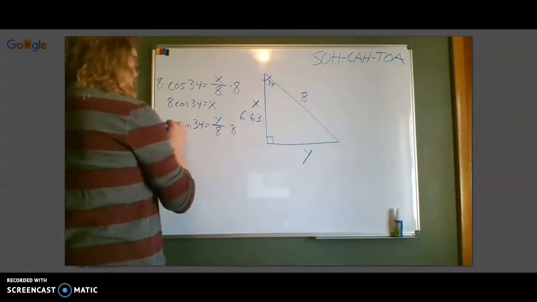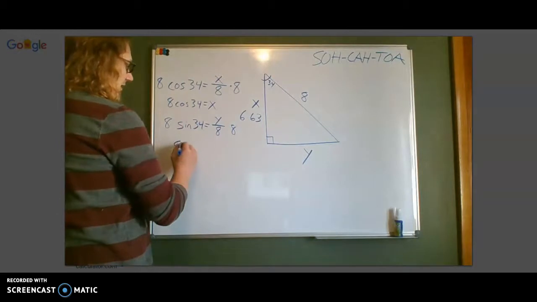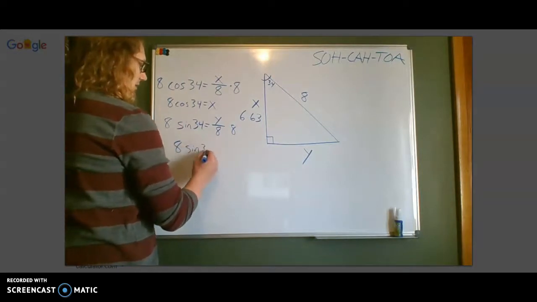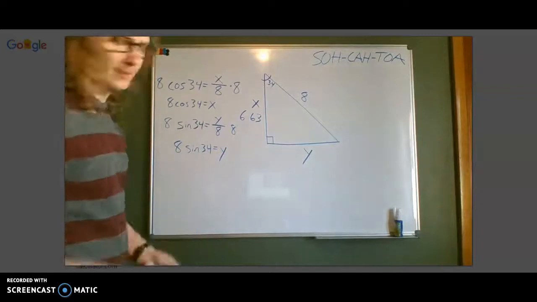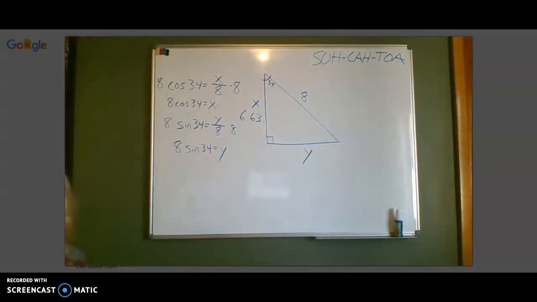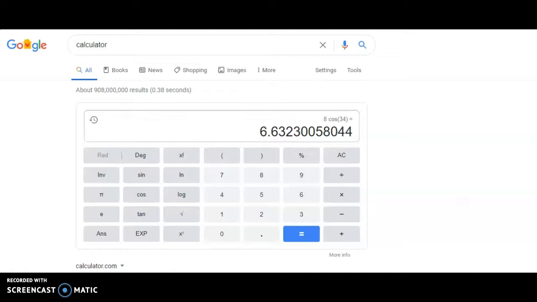To solve, I multiply by 8 again. 8 sine of 34 equals y. Y is all by its lonesome, so I can plug this into my calculator. I'm going to do an all clear. 8 sine 34, 4.47.